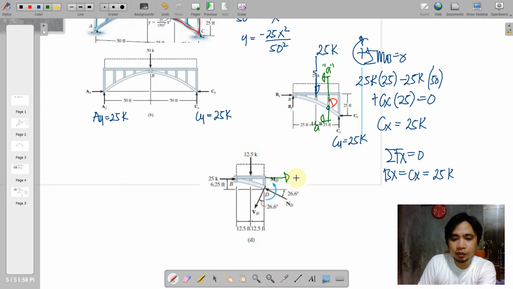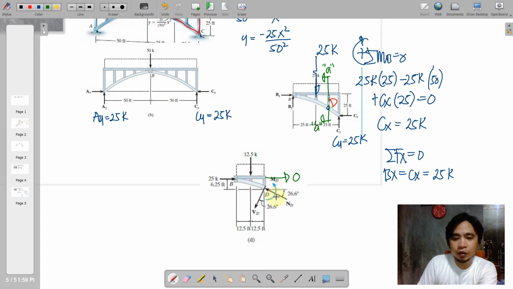This member shall carry no loading because this horizontal member is carried by your arc here, so we indicate a zero force member on that horizontal member.